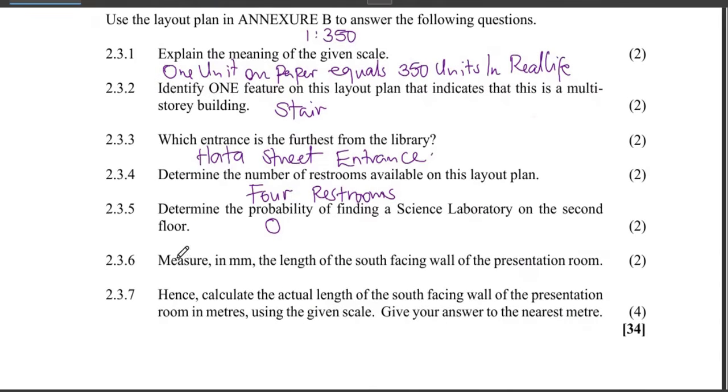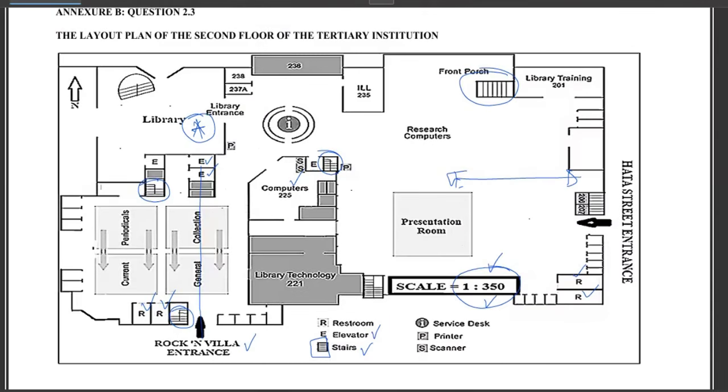They're telling us to measure the length of the south face wall of the presentation room. South. So we measure the length. The south wall means, do you have any compass here? Okay, yeah. Here, this is the north. That means you're measuring the one which is down.